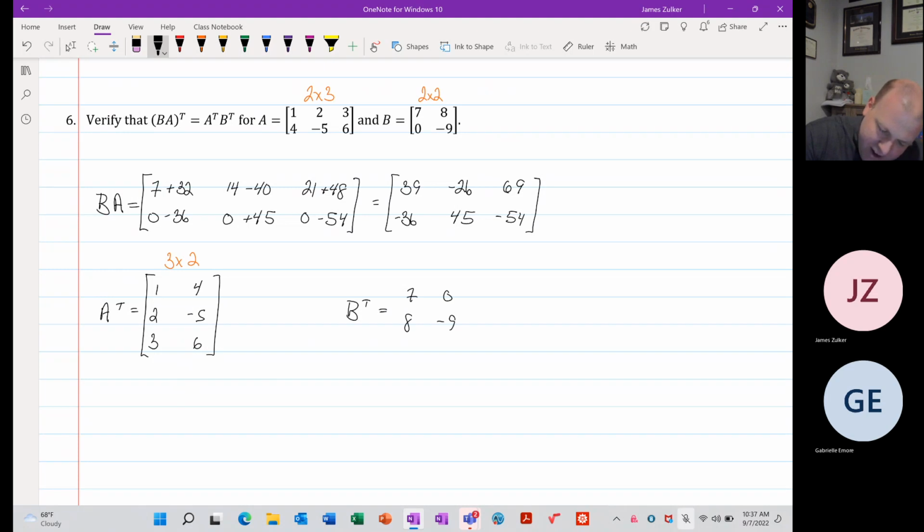Second column will be 0, negative 9. That is still 2 by 2. So A transpose times B transpose is defined, right? 2 columns, 2 rows. The result's going to be a 3 by 2.